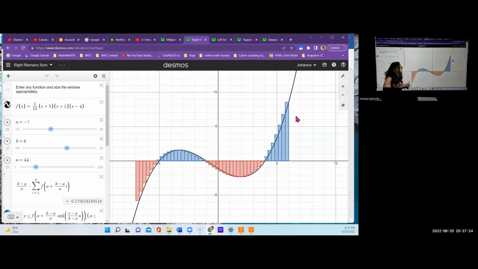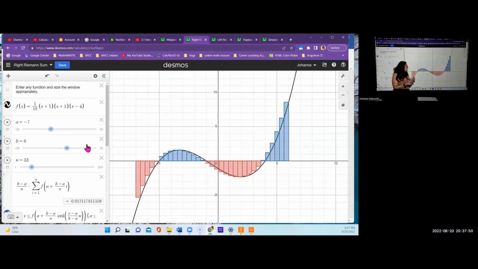Now, you can tell here that on this particular one, I am going from -7 to 6, and I have 44 boxes or 44 subintervals. If I make fewer boxes, if I decrease this somewhat, you can tell that the approximation is not as good. There's more white space that you see right here. It's not as close to the actual shape of the curve.